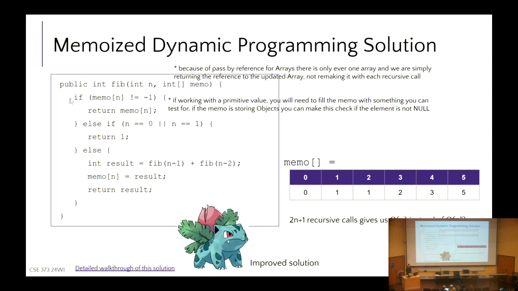And we add an if statement up here that says, if whatever's currently stored in the memo shows that I have already calculated that, return that. Just return the thing I already calculated before I get into the recursion. In this case, because they're primitives, we had to fill it up with -1s. But if they were objects, you would check if it's null. If you look, this is the exact same code, except I check if I already calculated this before, so return the answer. And after I calculate things, I store it in the memo before I bail out.